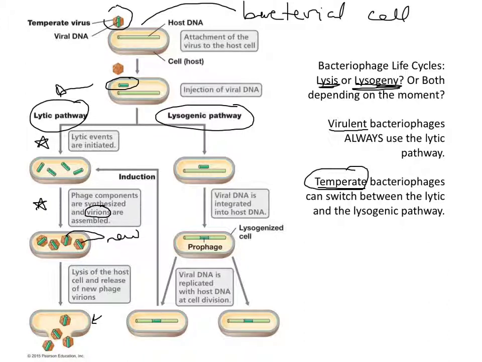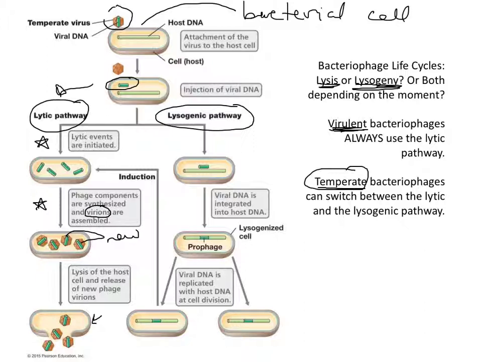That will release all of these many new phage virions, and they will go off and find new host cells, attach, and continue this life cycle. Now remember, if you are a virulent bacteriophage, that's all you can do. So every infection event results in death of the host cell. Those are the kinds of bacteriophage that we can track or count using the plaque forming assay that I described in the previous lecture.